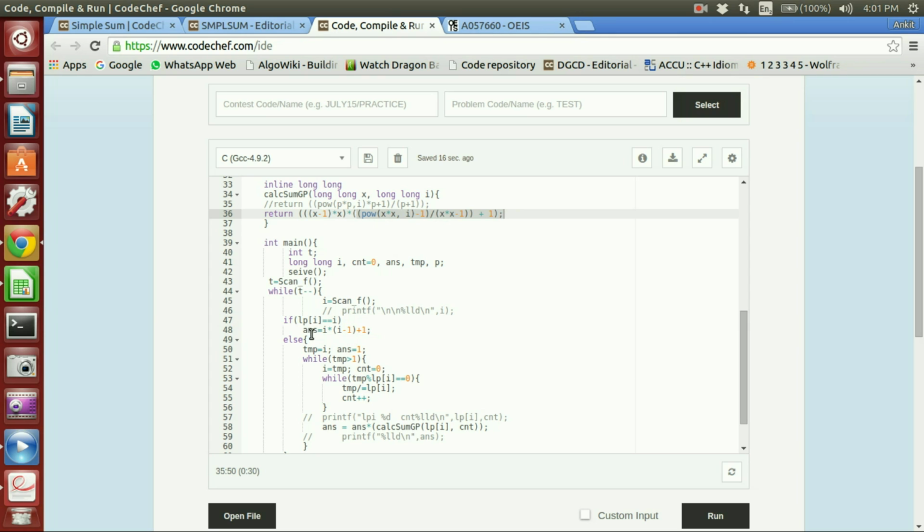Whenever this case happens, the power would be 1, right, for this case. So in our formula, it is e equal to 1. So x square minus 1 upon x square minus 1, so this entire part would get cancelled out, so we would get the same answer.